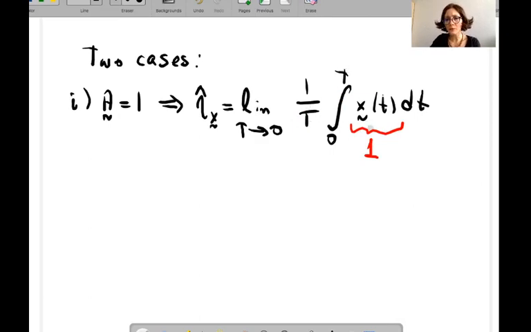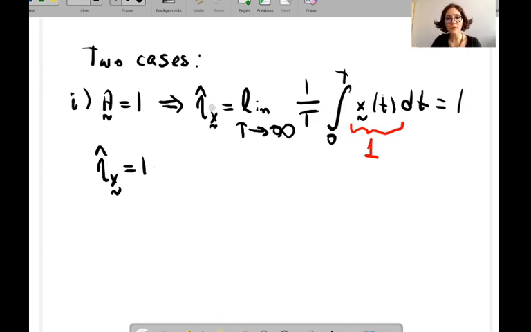For any value of t, this integral will come out as 1. If you let t go to infinity, I'm sorry, this is infinity, not 0, obviously, this integral won't change, so it's going to be equal to 1. So our estimate of the mean is equal to 1 for this first case, the first realization of x.